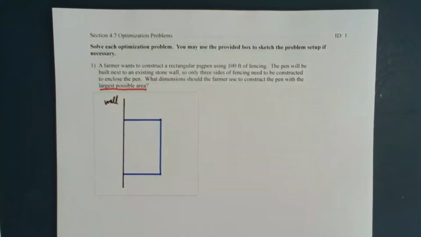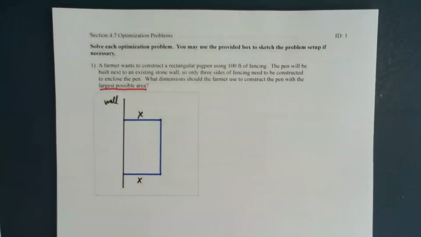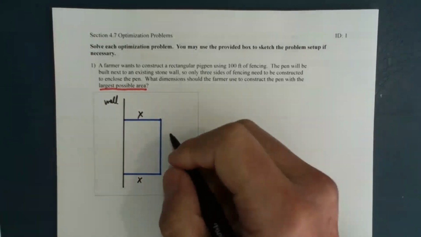And I'm going to label this side X, which makes this side also X. And I'm going to call this side Y.